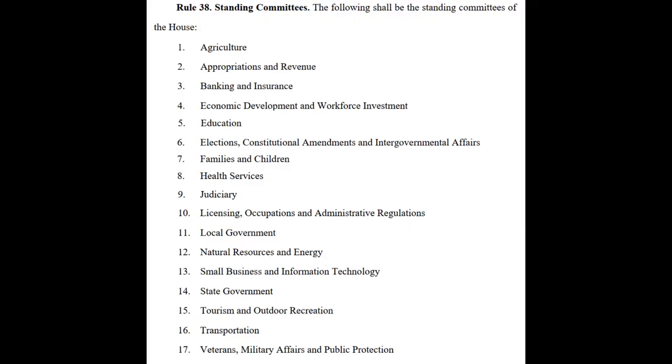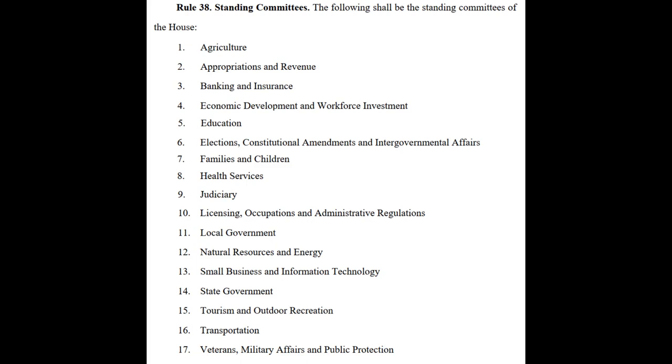Rule 38. Standing Committees. The following shall be the standing committees of the House. 1. Agriculture. 2. Appropriations and Revenue. 3. Banking and Insurance. 4. Economic Development and Workforce Investment. 5. Education. 6.